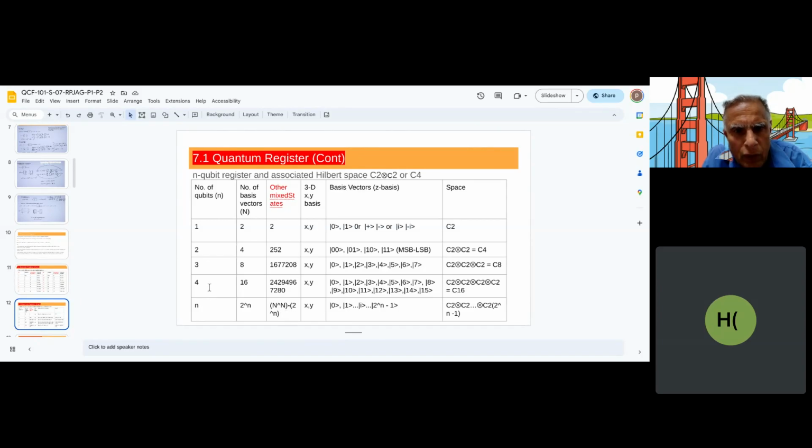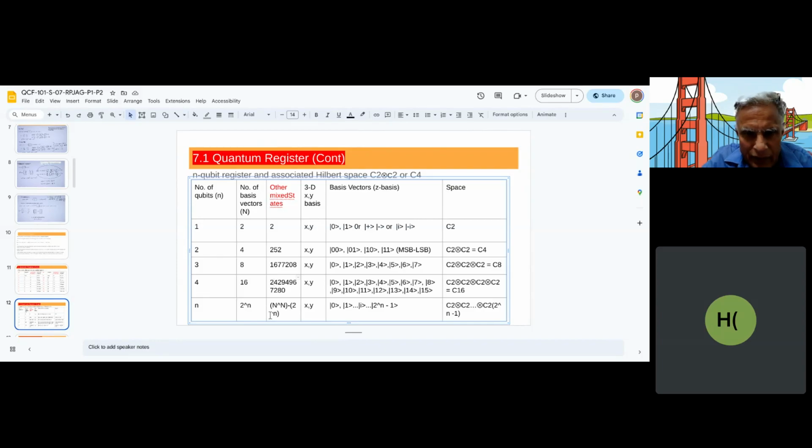Same way for 4 qubits, you will get something like millions. Let me write it correctly: 4294967, so there are many mixed states for small n qubits with the corresponding capital N number of basis vectors.